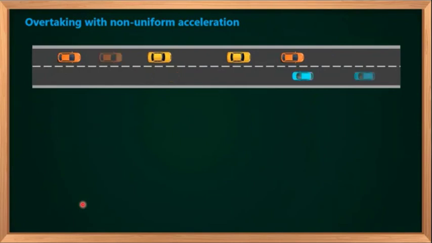Here, he may accelerate more like this. After this, he wants to accelerate. Then what to do? It means the D1 and D3 positions are going to be the same, but the D2 position alone will change. Excluding the D1 and D3 positions, we are taking only the D2 position.